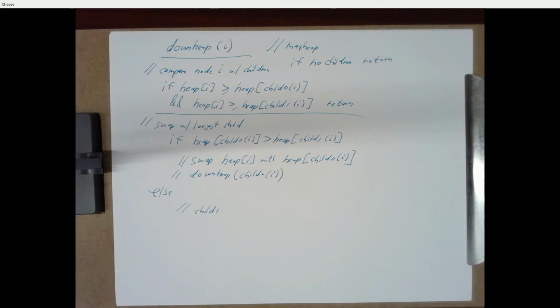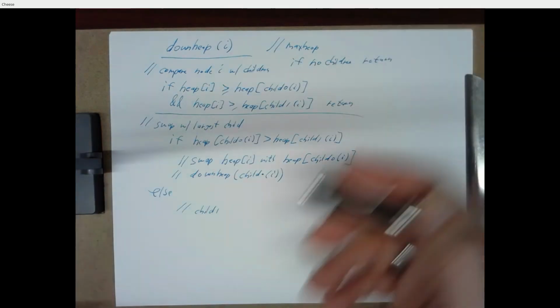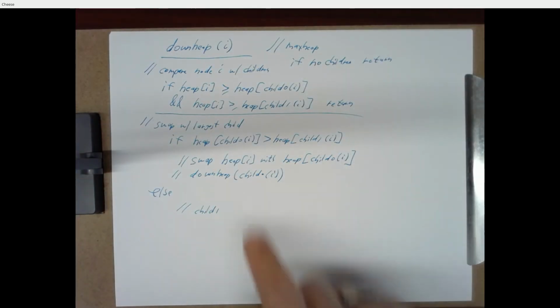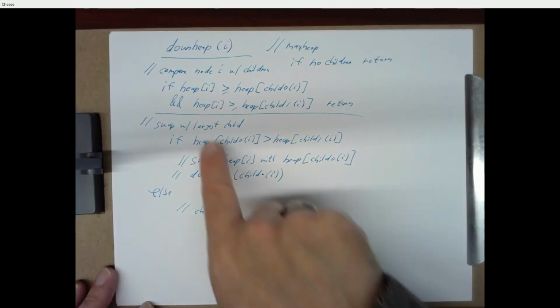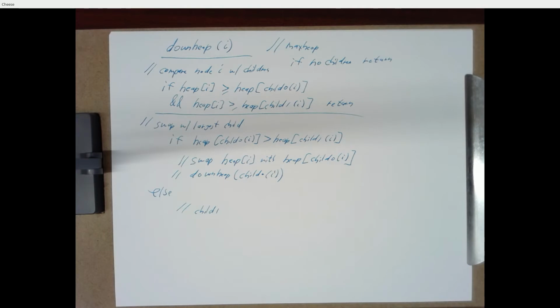So if there's no children, we don't have to do anything in down heap. Otherwise, compare yourself to both children. If you're not bigger than both of them, swap with the largest child and down heap from there. So that's not bad, and it's an order log n algorithm.